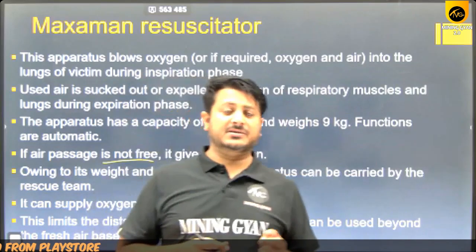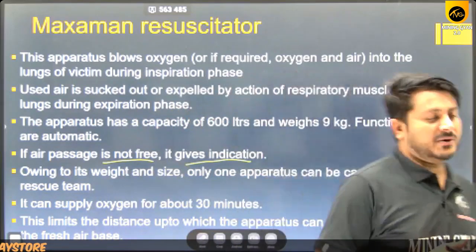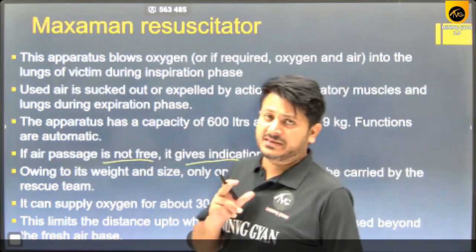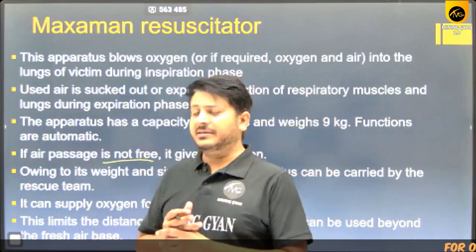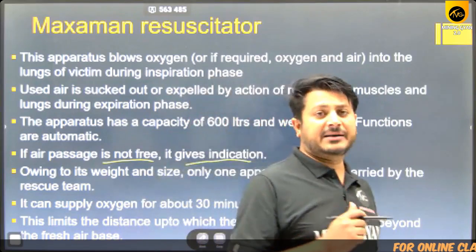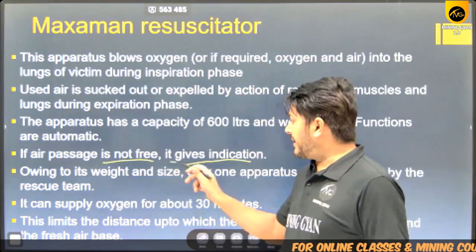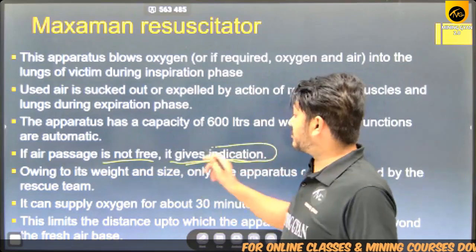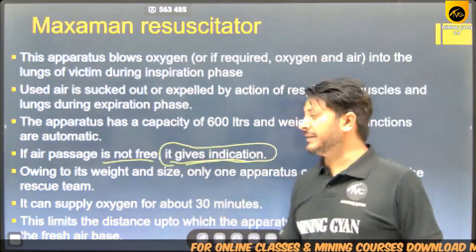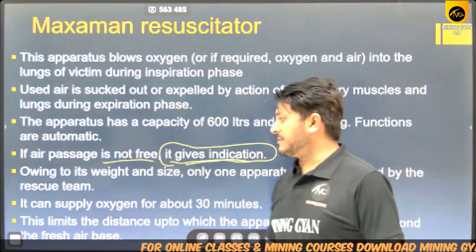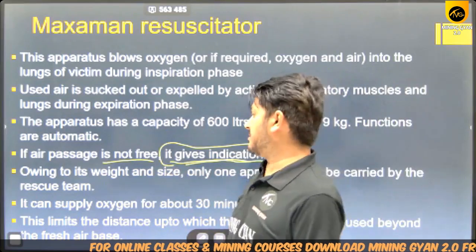Like what kind of indications are given in the pulmonary device: it will switch automatically in a very quick manner. But this device has a function that it will give an indication if the air passage is not free or is blocked.